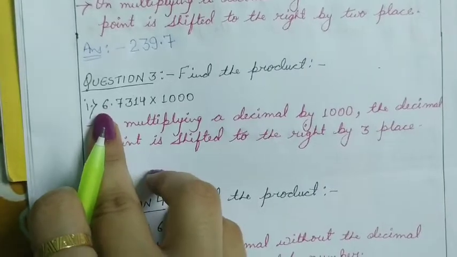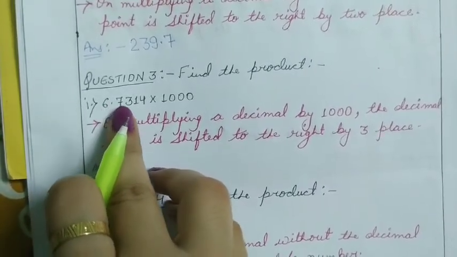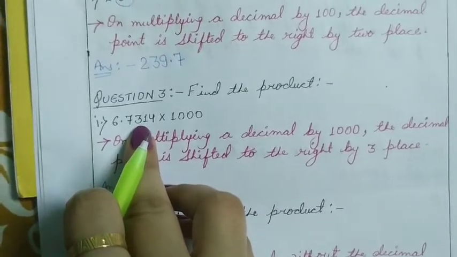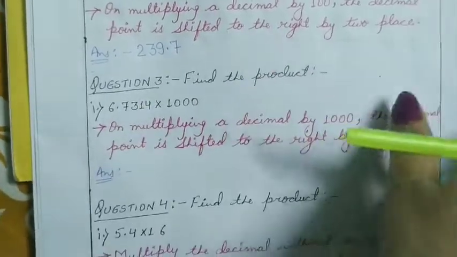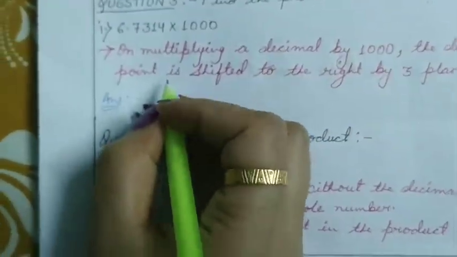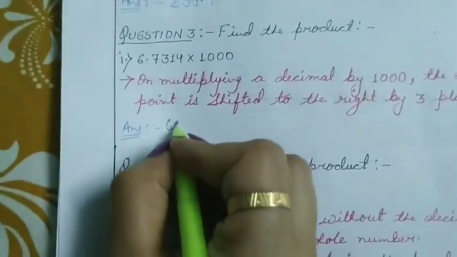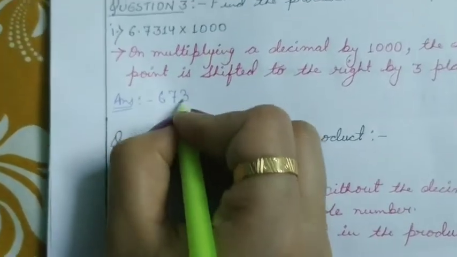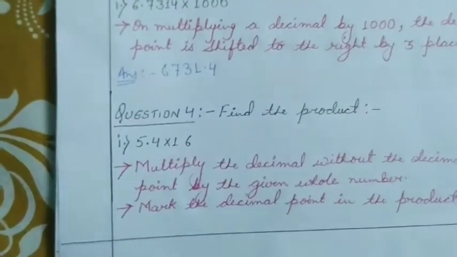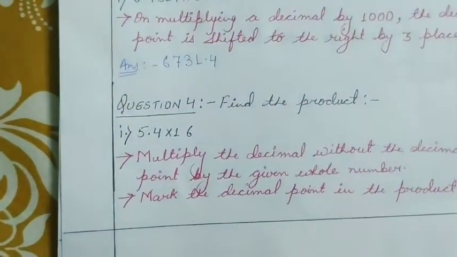So the answer will be 6731.4. We shift the decimal point by 3 digits. 6731.4 is the answer. Now come to the next question.